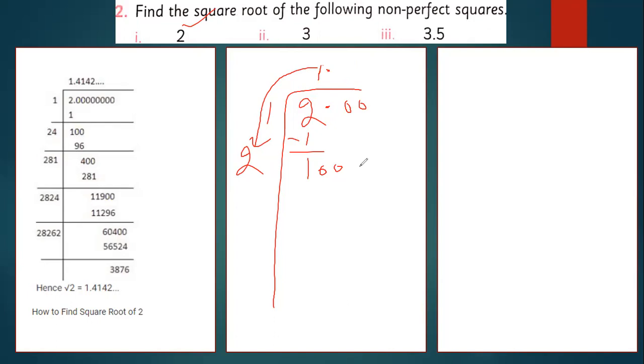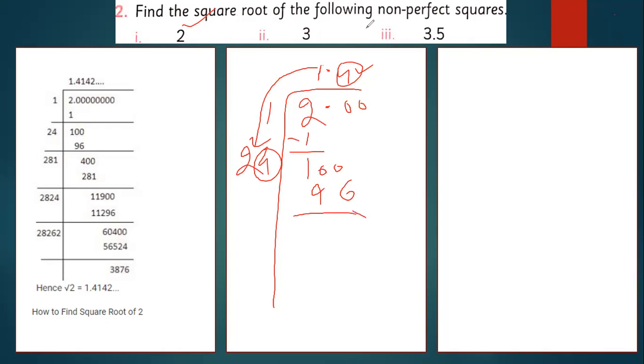Now take the table of 4. When you write 4 there, that must be here as well. So 4 4s are 16. 1 is carried. 4 2s are 8, and 8 and 1 is 9.